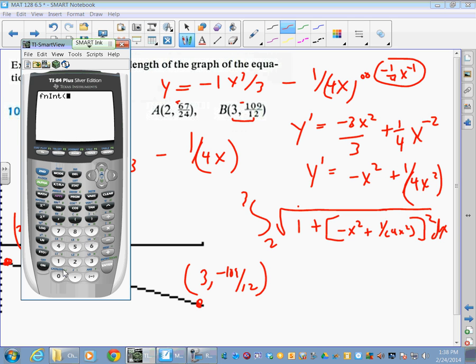I'm not storing y1, so I'm going to type that: 1 plus negative x squared plus 1 divided by 4x squared, comma x comma 2 comma 3.